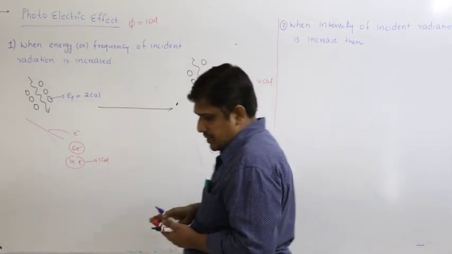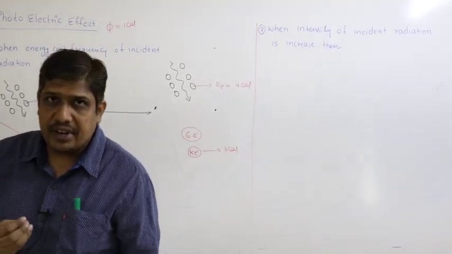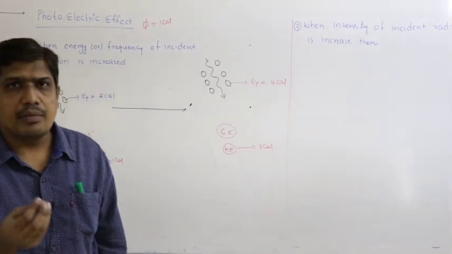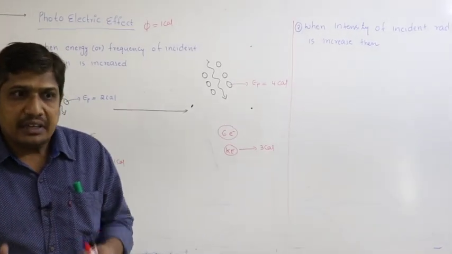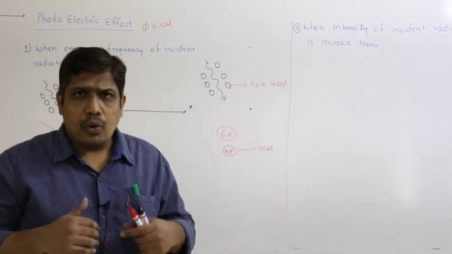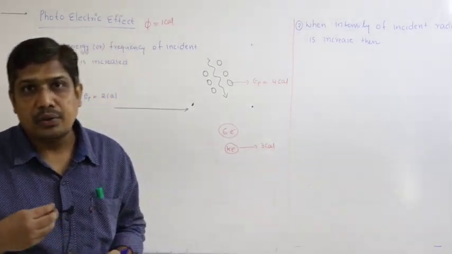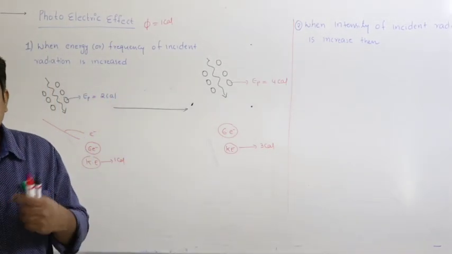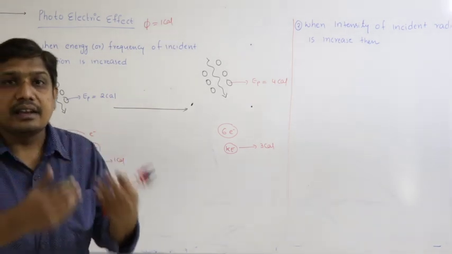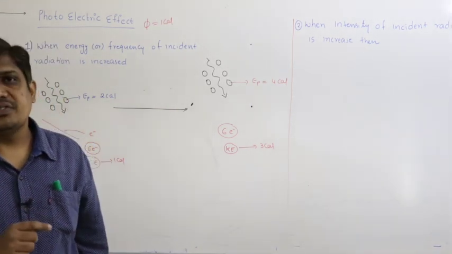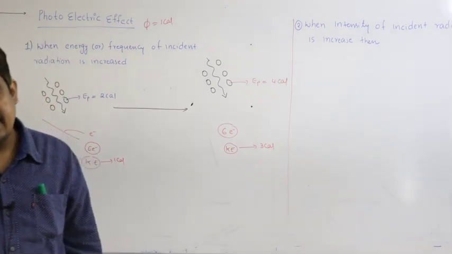So what is intensity? Number of photons emitted from the source per unit area per unit time. If I increase the intensity, more photons will be emitted per unit area per unit time. That means the number of photons emitted per unit time will increase, but the energy associated with each photon remains the same.